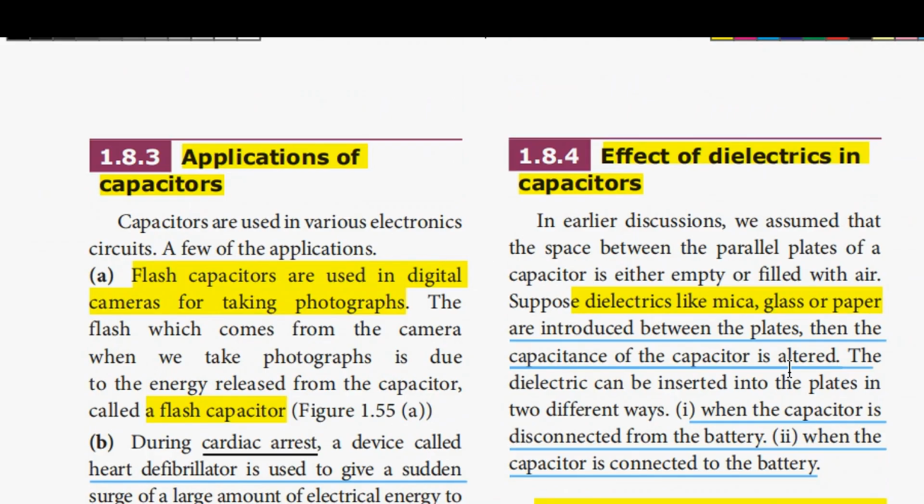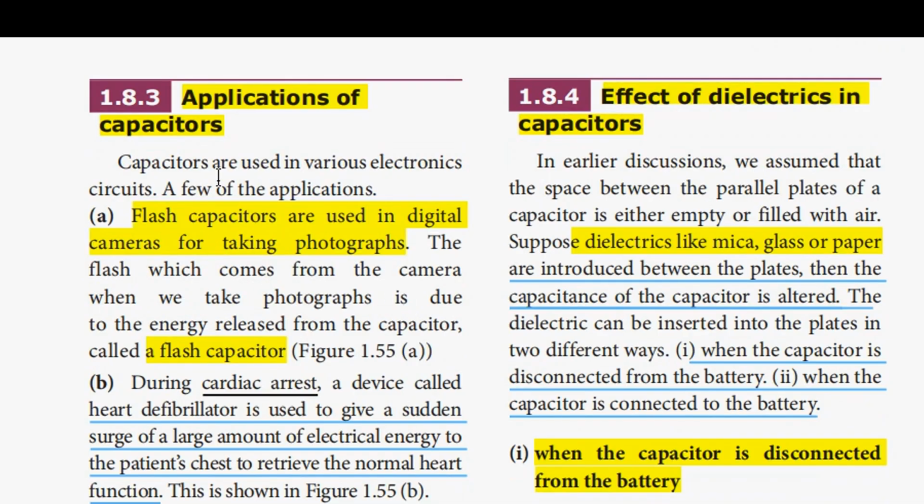Now let us study about the applications of capacitors, where these capacitors are used in our daily life. Capacitors are usually used in various electronic circuits, and a few of the applications are given below. In the first case, flash capacitors are being used in digital cameras for taking photographs.